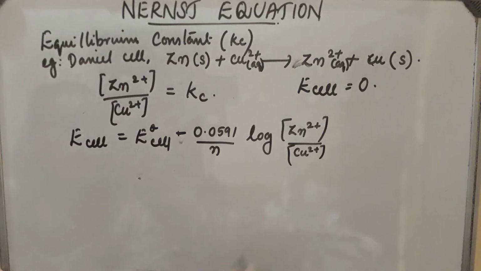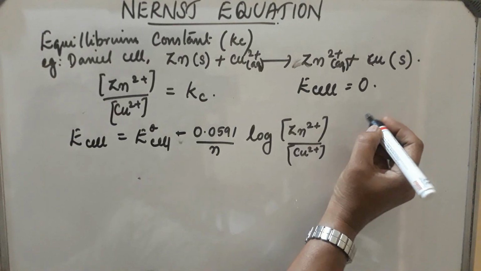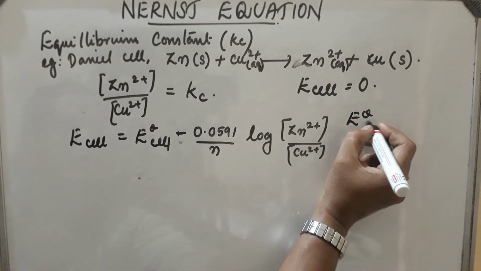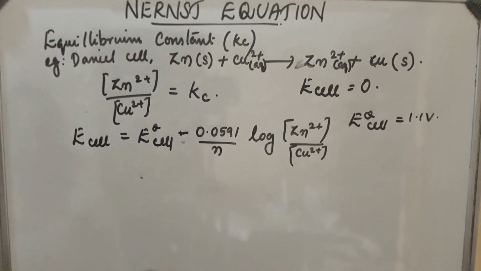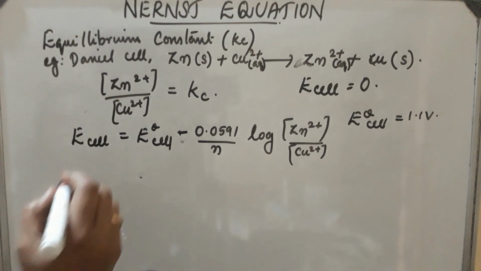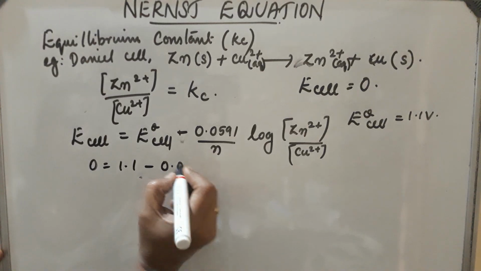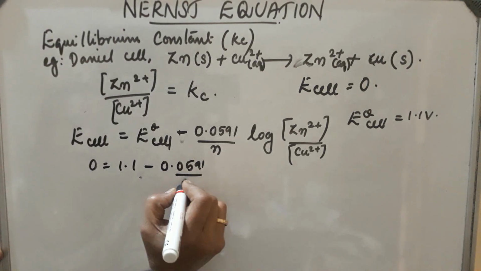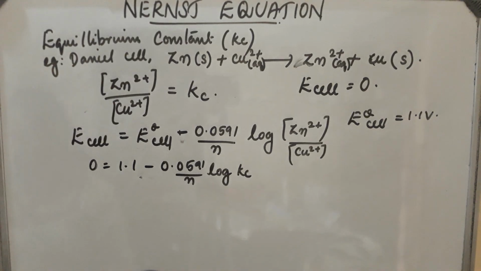This is the Nernst equation, and we know E of cell is 0, and for the standard Daniell cell the standard electrode potential is 1.1 volt. So now 0 equals 1.1 minus 0.0591 by n log Kc.